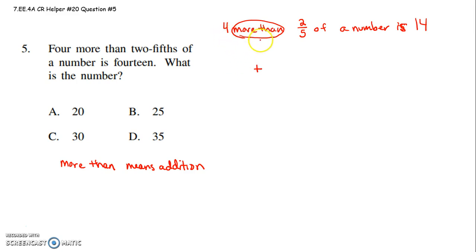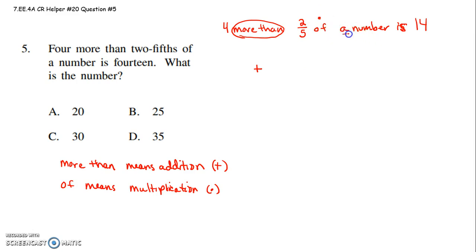Of means multiplication. So when you see the words more than, that means addition. When you see of, that means multiplication.